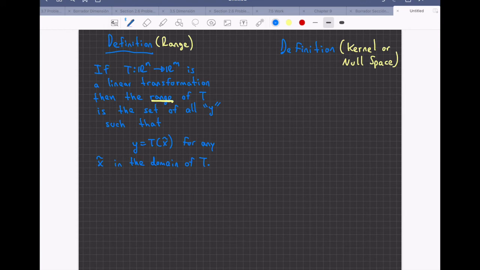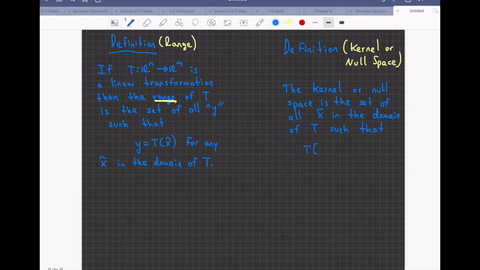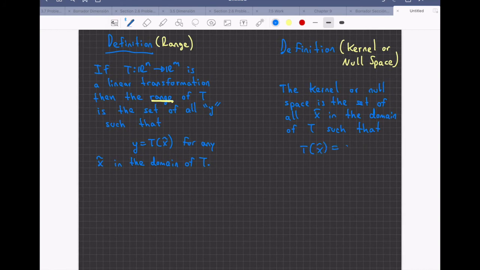With the same transformation, the kernel or null space is the set of all x in the domain of T such that T of x is equal to 0.